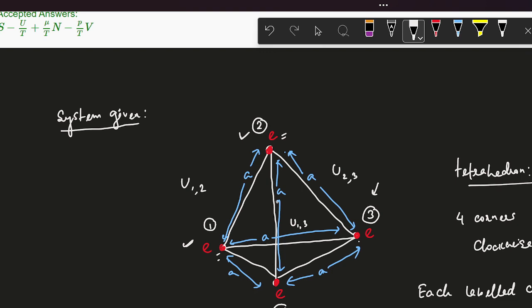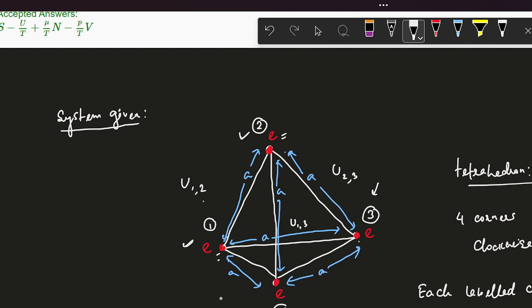So these are the newly found interaction terms that will be present because you have introduced the particle at 4. But you must not forget about the previously present interaction energy terms of the system, because you cannot neglect that. You still have the interaction between 1 and 2, between 2 and 3, and 1 and 3. So basically you had already these 3 terms present, U12, U23 and U13, and now you just introduce 3 more terms to the system.